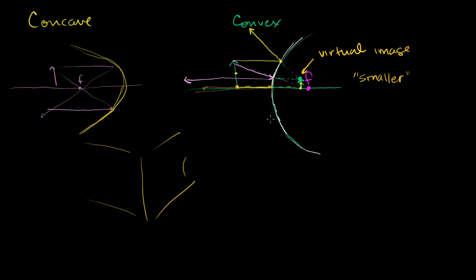The reason these mirrors are useful is that they reflect light from a lot of directions, so you can kind of see around corners. This is not the best drawing, but I think you've seen these convex mirrors. Sometimes you'll also see them at the head of aisles of stores. This way, the store owners can have a good field of view, and they can see if anyone is shoplifting. Anyway, hopefully you found that interesting.